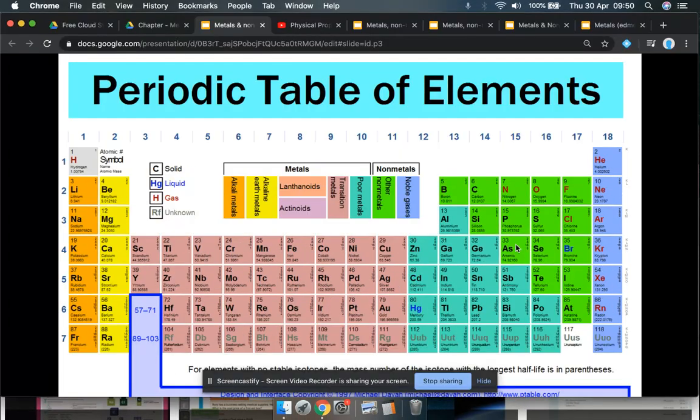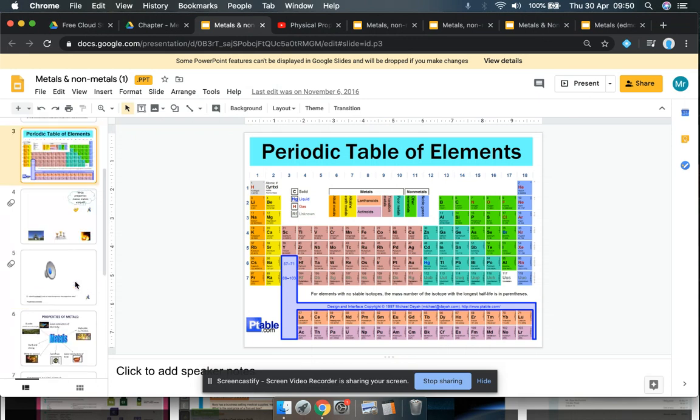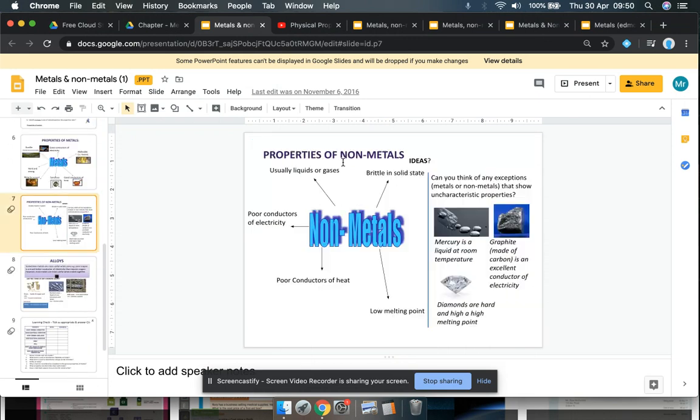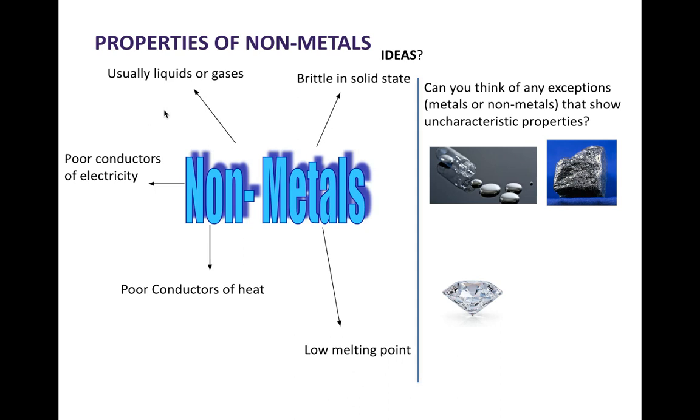So what we can say about non-metal elements is that they tend to be gases. Okay, so they're gases. If we talk about other non-metals as well, you'll discover that a lot of them are liquids as well.